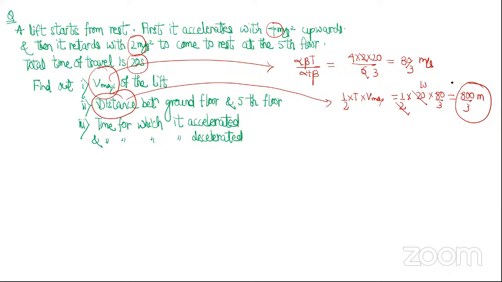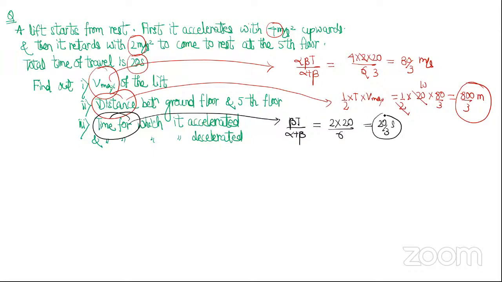Next, the time for which it is accelerating. What is the formula for this? The formula is beta t by alpha plus beta, isn't it? On top, the deceleration comes. So beta is 2, T is 20, alpha plus beta is 6. So this comes out to be 20 by 3 seconds.